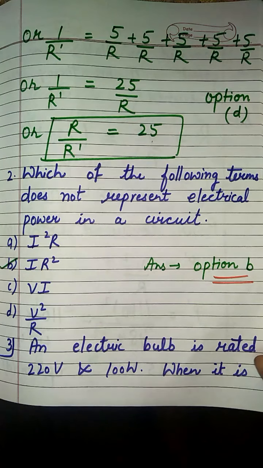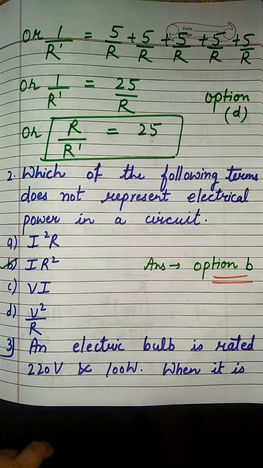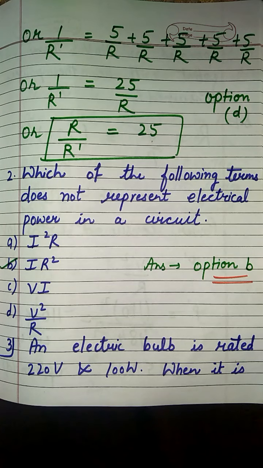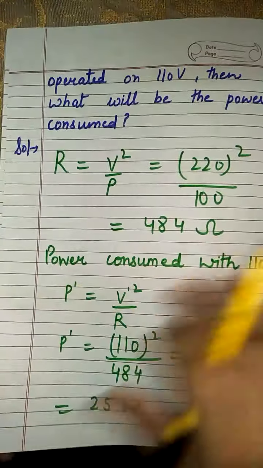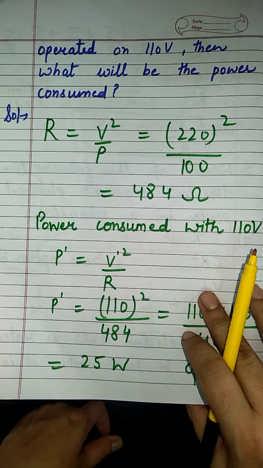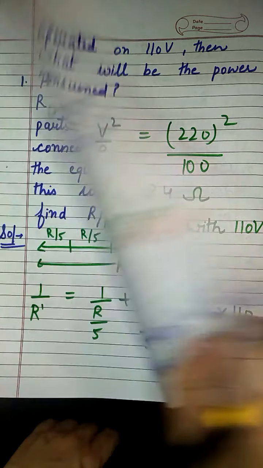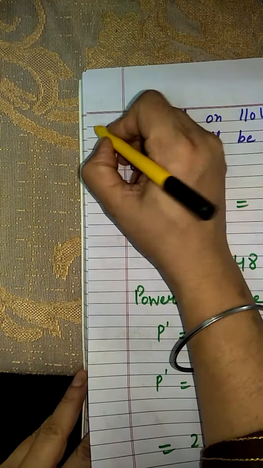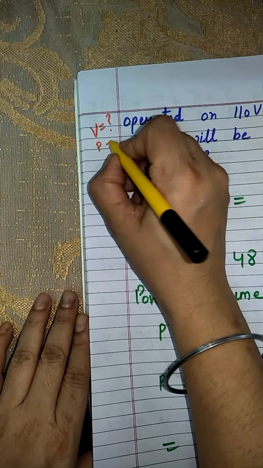Fine. Now next question is, an electric bulb is rated 220 volt and 100 watt. Voltage is given 220 volt. Power is given 100 watt. Now when it is operated on 110 volt, then we have to find out power. See, listen, children, one thing carefully. He has given us voltage, he has given us power.